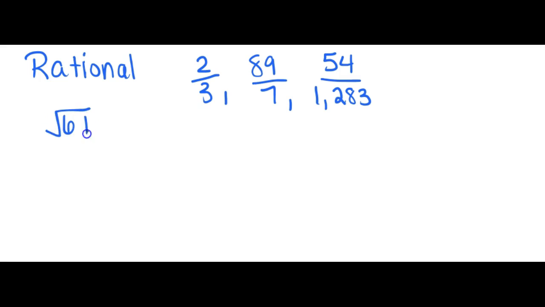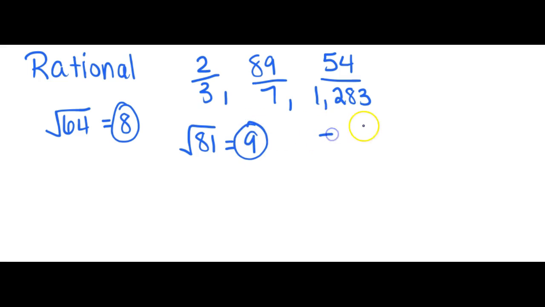For example, the square root of 64, which is 8, thus being a whole number. Square root of 81, which is 9, a whole number. Negative square root of 9, which gives us negative 3. And again, it's a whole number, so it counts. It's not a decimal, it's a whole number.